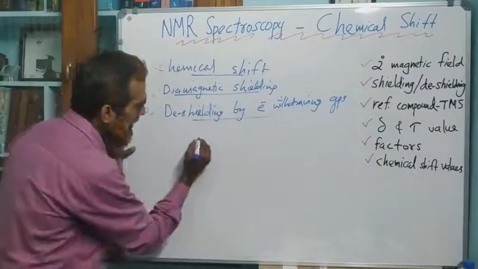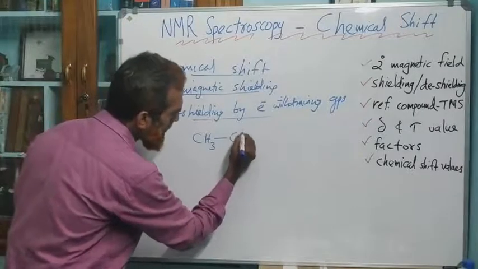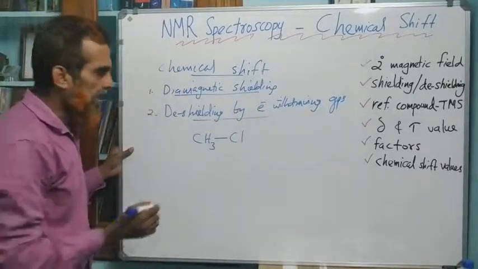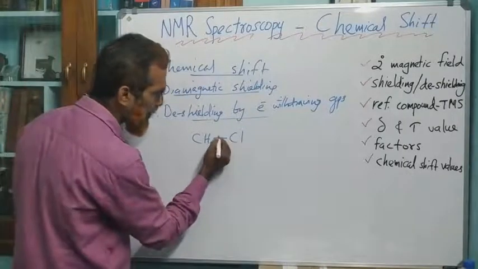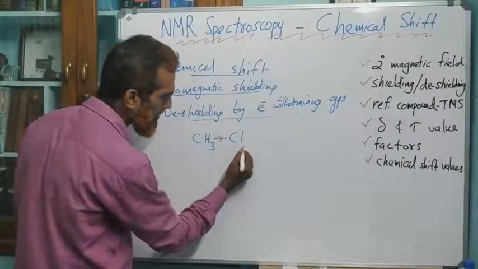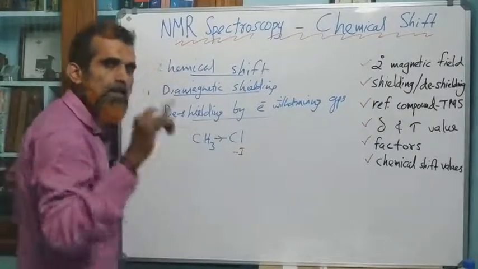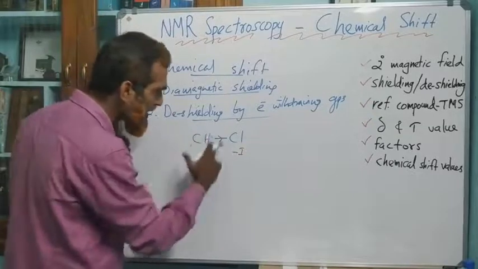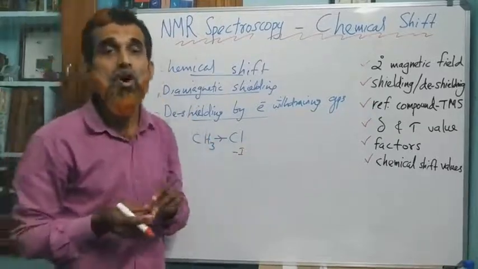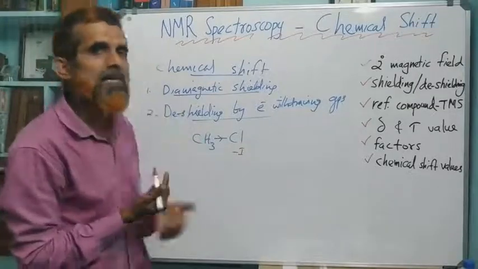As I said earlier, for example, if you take CH2Cl, chlorine being highly electronegative, a minus I group, withdraws electrons towards it. So what happens to the electron density around the methyl? It will reduce. This is known as deshielding, because it reduces the circulating electron around it and reduces the secondary field generated.